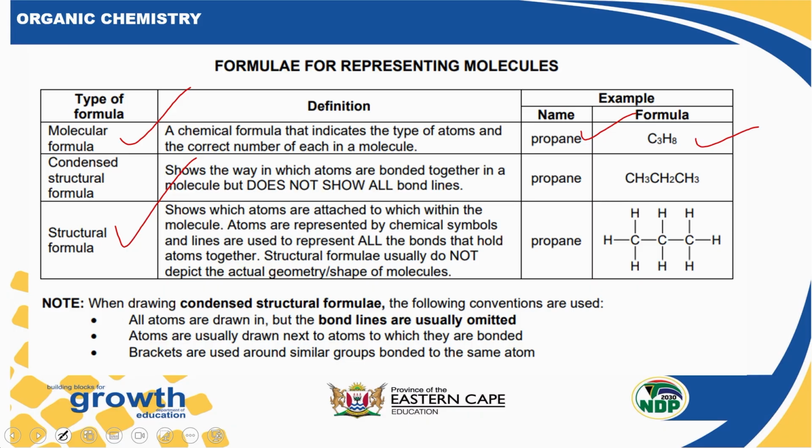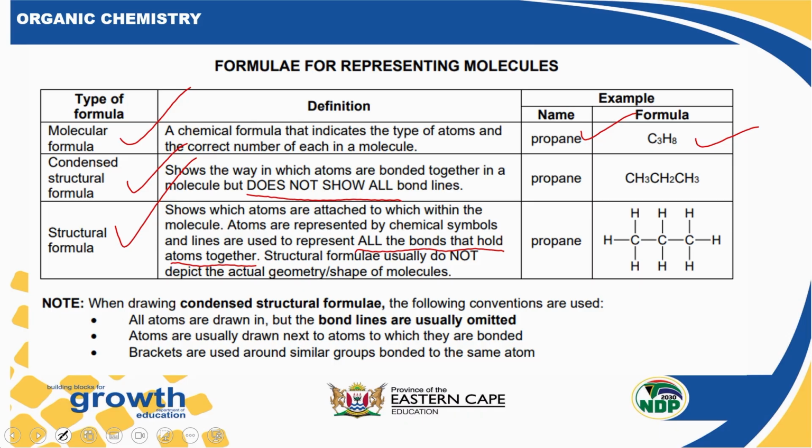And when you are writing a structural formula of a compound, we say all bonds that hold atoms together must be visible or must be presented. And lastly, a learner should be able to draw what we say is a condensed structural formula. That's when a learner does not show all bonds.